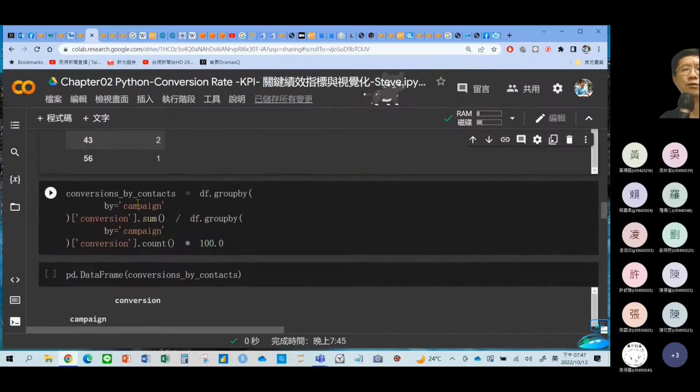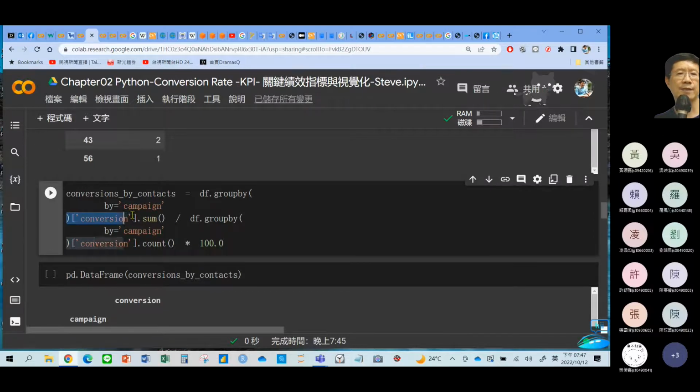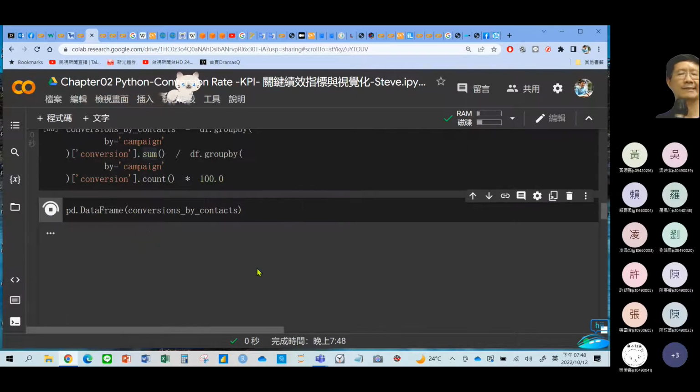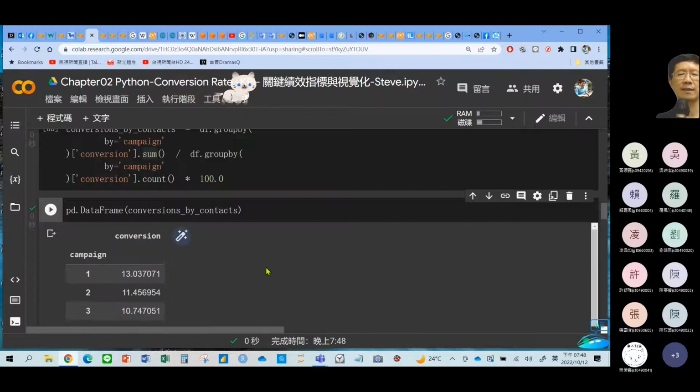Okay, it's time for us to calculate the conversion rate, right? Conversion rate is sum divided by count, 对不对？打了多少通，然后多少个人买。Sum over count, and we transform the data into a data frame. Right now you know the conversion rate.